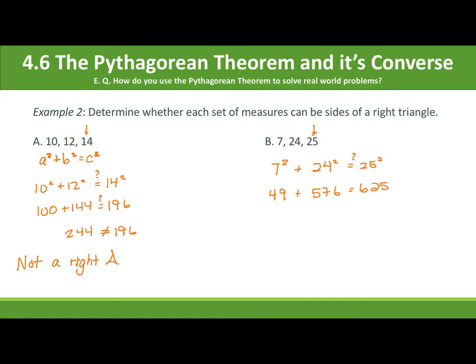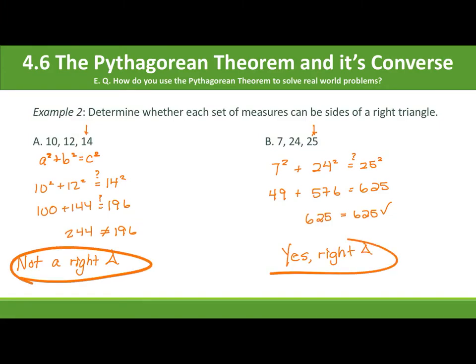So if we add 49 and 576, we get 625, which is equal to 625. So that is a true statement. So we know that this is a right triangle. So we can say, yes, it's a right triangle. Done.